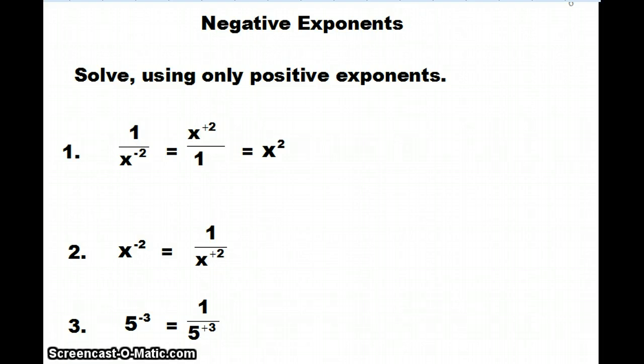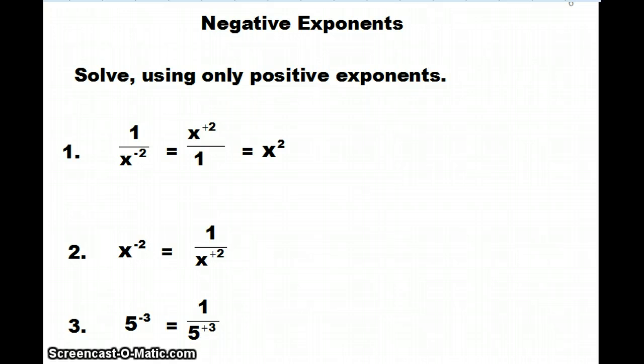We take it and its exponent and move it to the opposite spot and then change only the sign of the exponent. So we have x to the second over 1. When it's over a 1, that 1 isn't necessary, so we can just write it as x squared. When you're doing your answers, it doesn't make any difference if it's x to the second over 1 or x to the second. Both answers are perfectly fine.